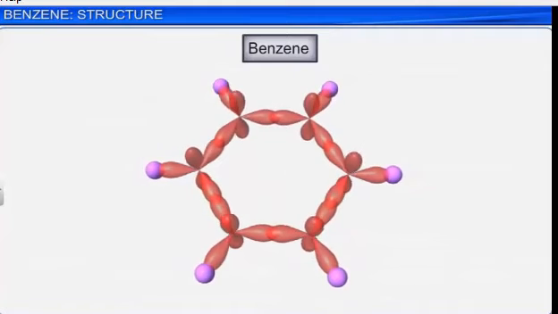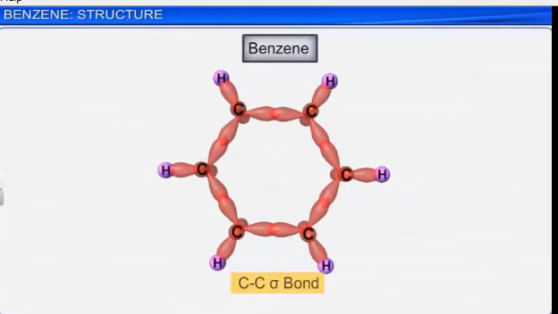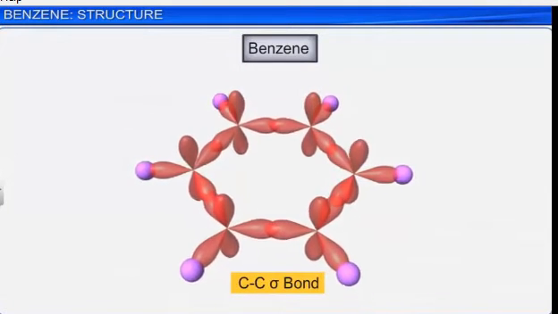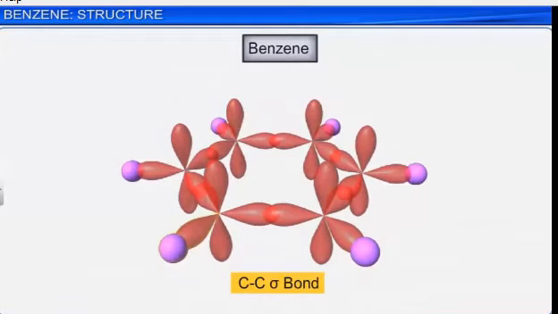The third sp2 hybridized orbital of each carbon atom overlaps with the 1s orbital of a hydrogen atom, resulting in 6 C-H sigma bonds. Thus, all the carbon and hydrogen atoms in benzene lie in the same plane with a bond angle of 120 degrees.